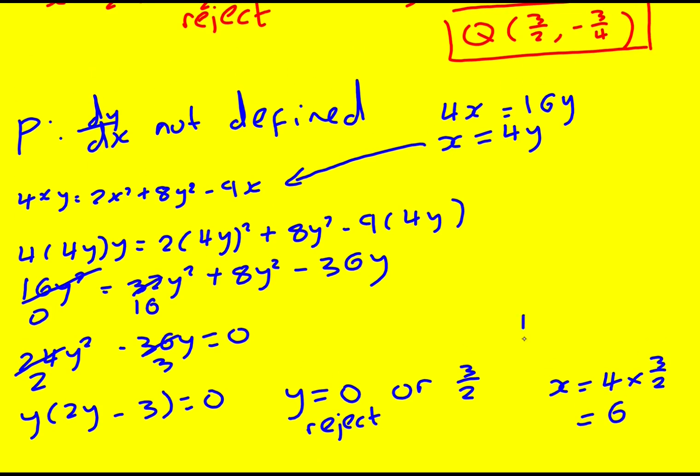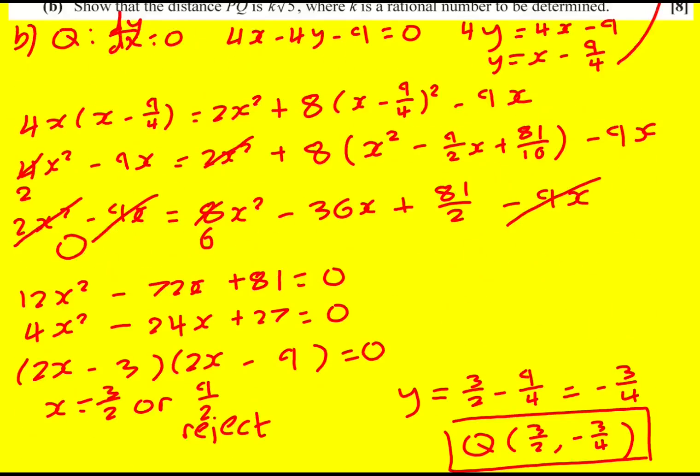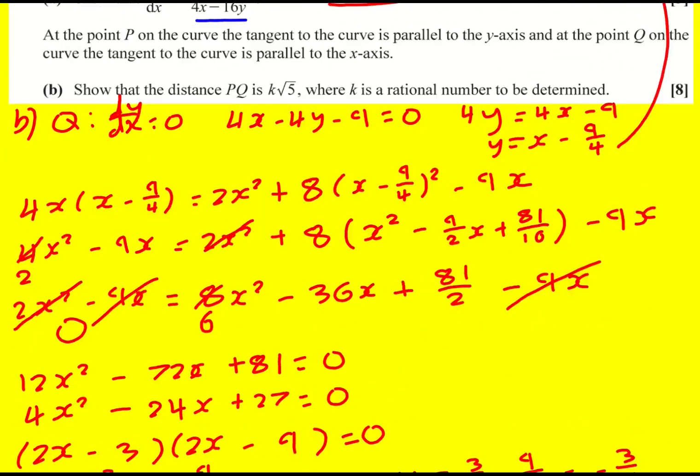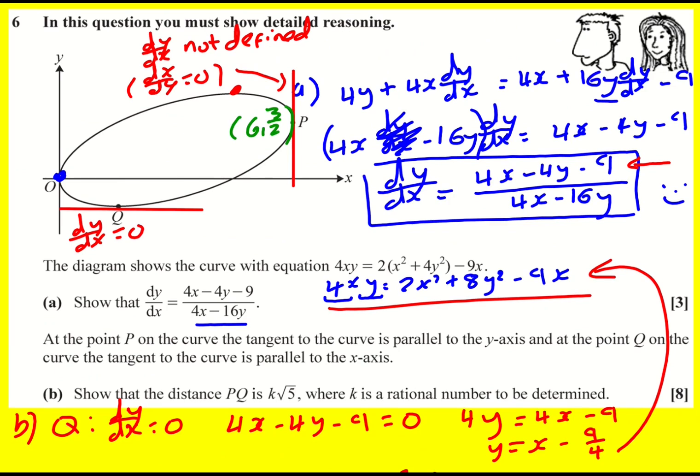And therefore we've got p 6, 3 over 2. So we're nearly there. 6, 3 over 2, and 3 over 2, minus 3 over 4.